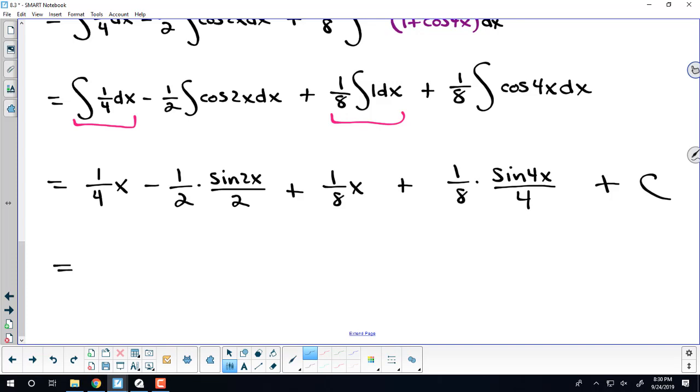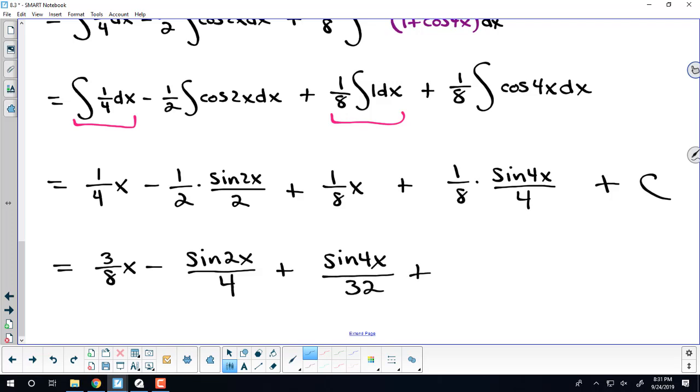We'll just clean this up a little bit. So we have 1/4 plus an 1/8. What is that? 2/8 plus 1/8 is 3/8 x minus sine 2x over 4 plus sine 4x over 32.